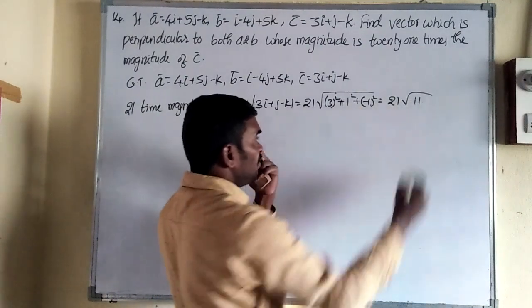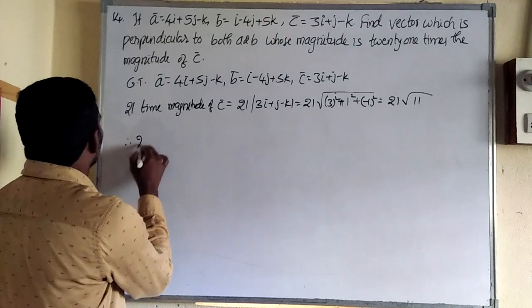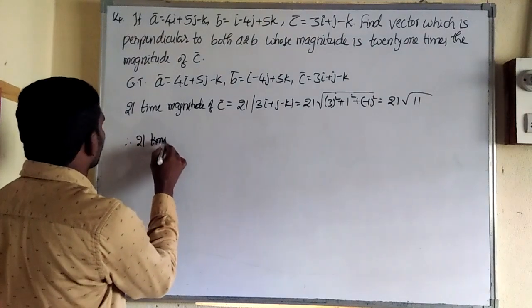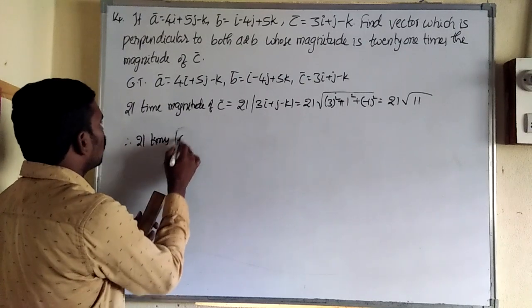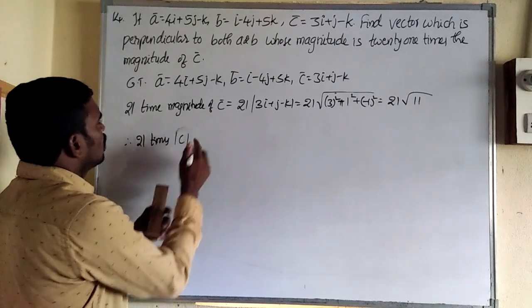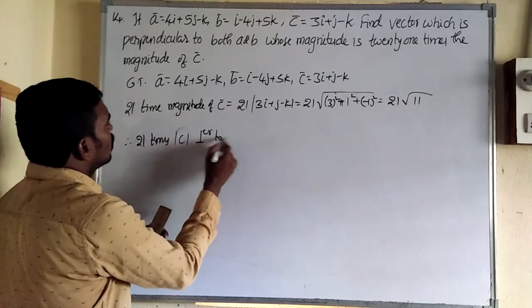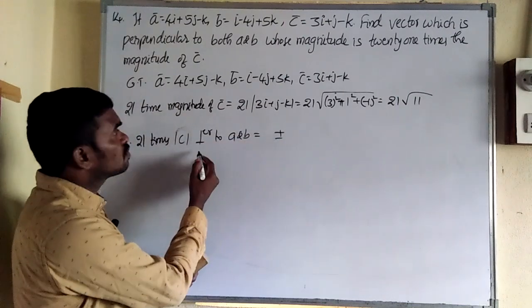So we are getting 21 root 11. Now, the vector perpendicular to A and B is plus or minus 21 times modulus C.